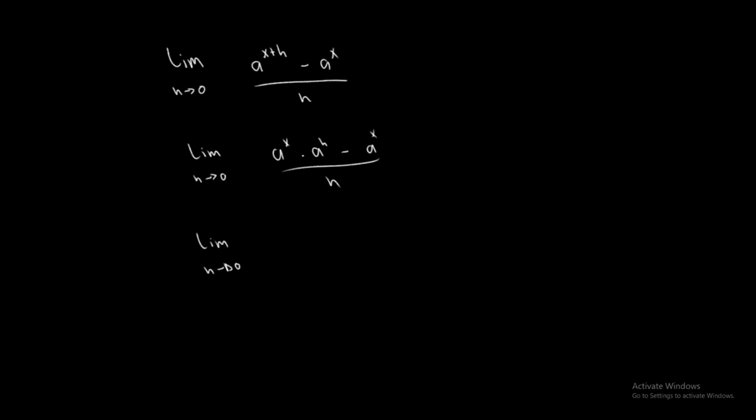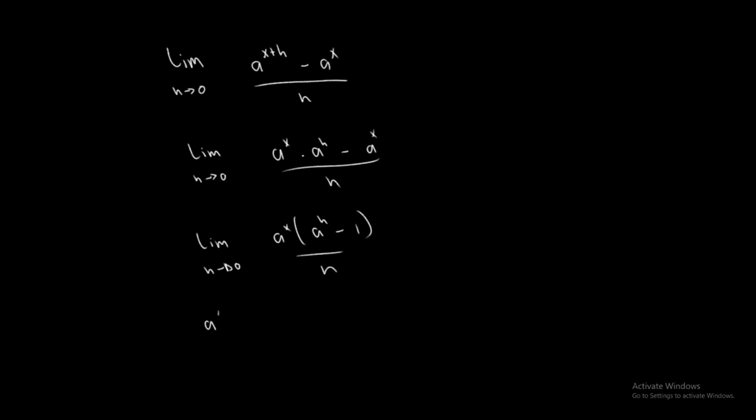The only time you stop writing the limit as h approaches 0 is when you're in your final factored form and you want to substitute the 0 now. Then you can stop writing the limit as h approaches 0, okay? So therefore we have a to the x times a to the h minus 1 over h.